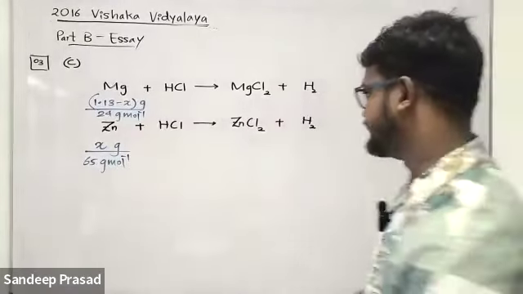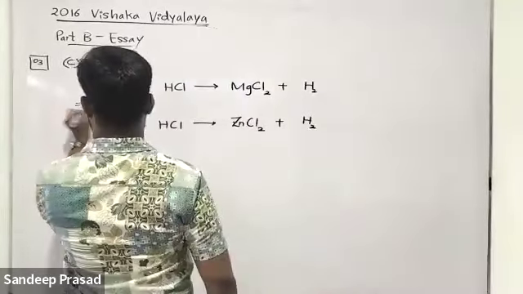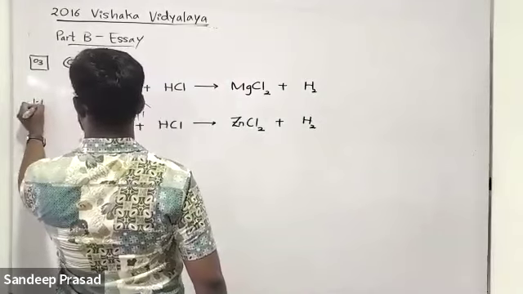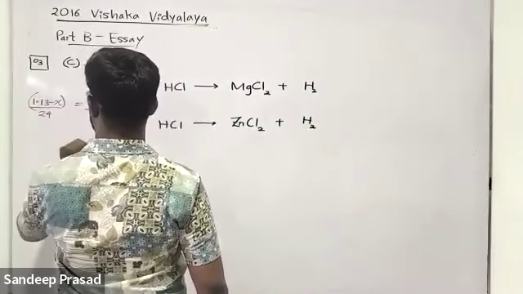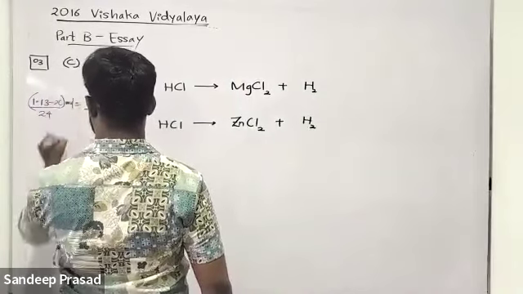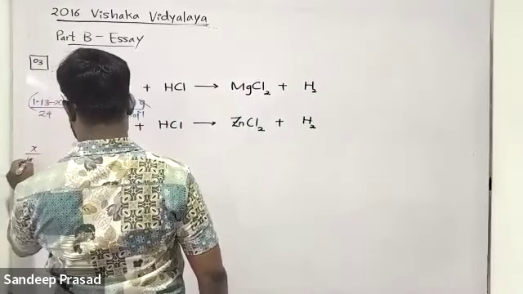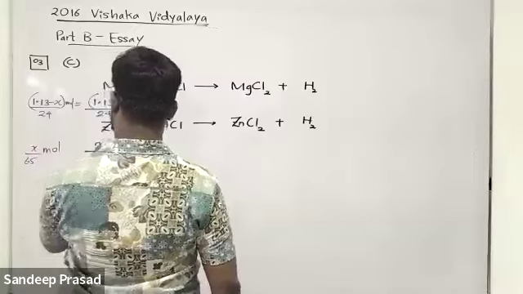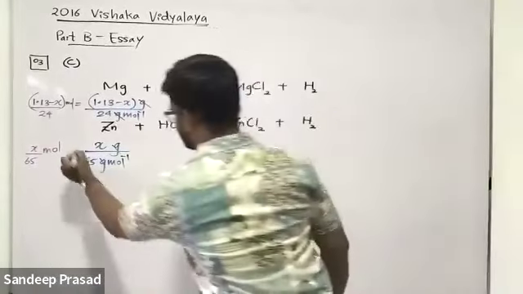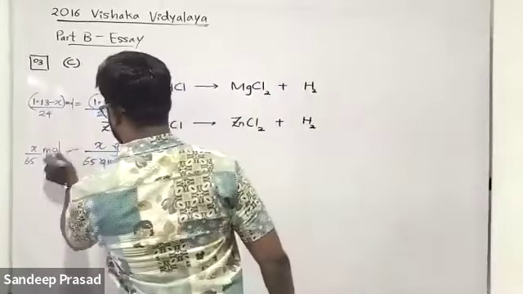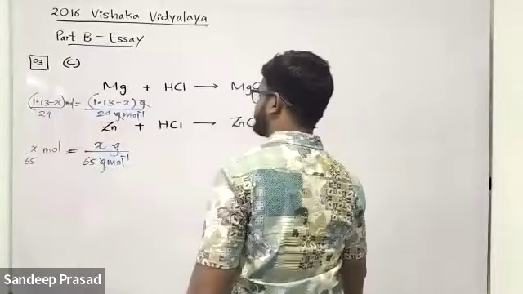Then the answer here is (1.13 minus X) divided by 24 moles, and here X over 65 moles. Right? Those are the number of moles, magnesium moles and zinc moles.